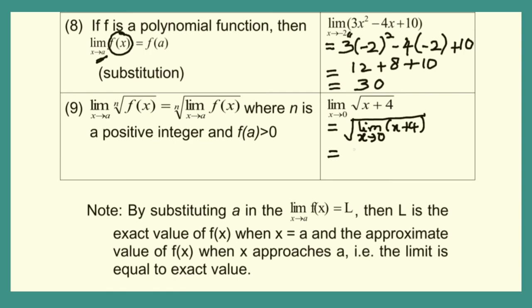This is equal to the square root of, substituting x equal to 0, 0 plus 4. This is equal to the square root of 4. The answer is 2. Note here, in the limit of f(x) as x approaches a equal to L, L is the exact value of f(x) when x equals a, and the approximate value of f(x) when x approaches a. Thus, the limit is equal to the exact value.